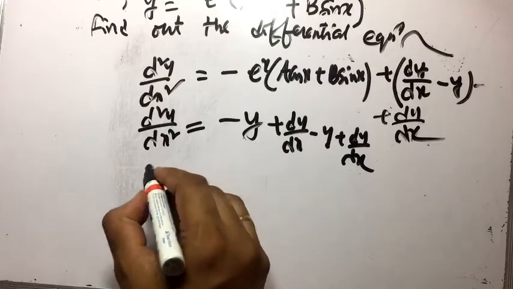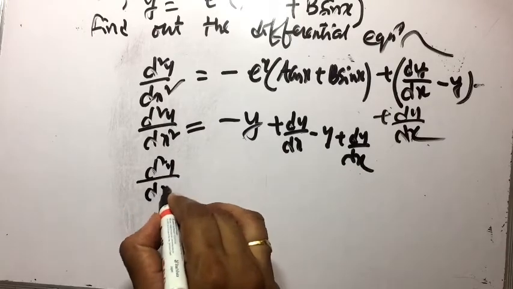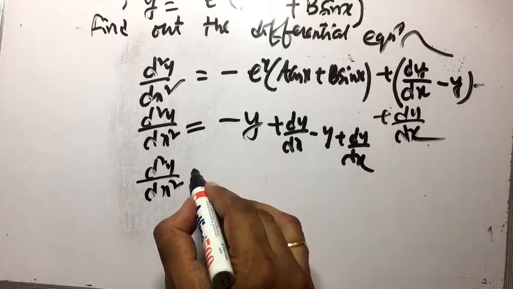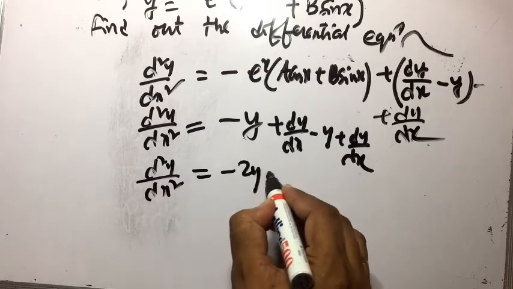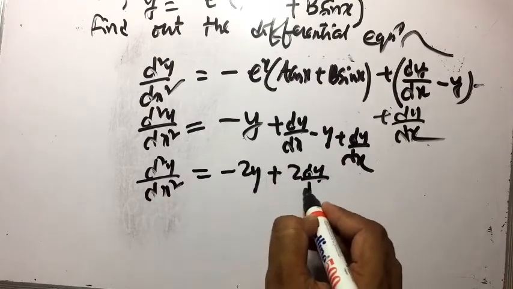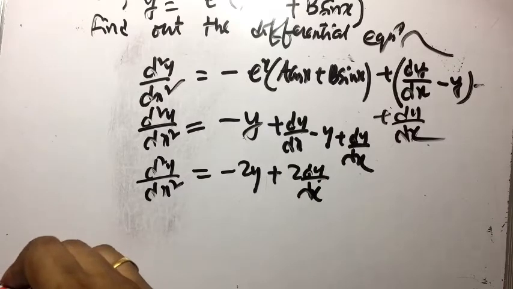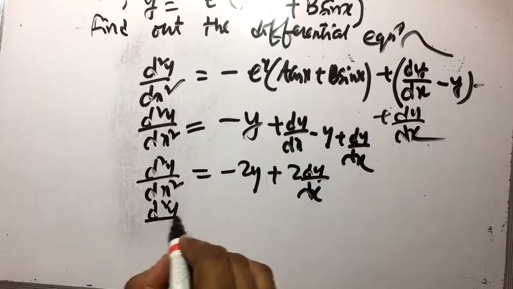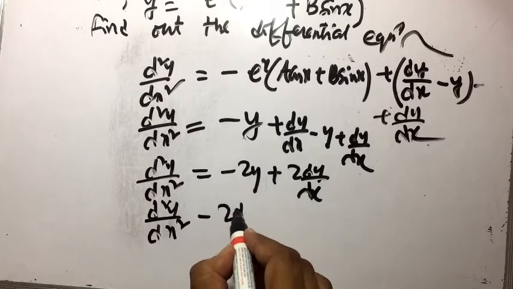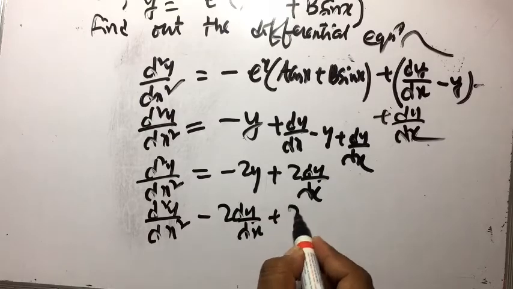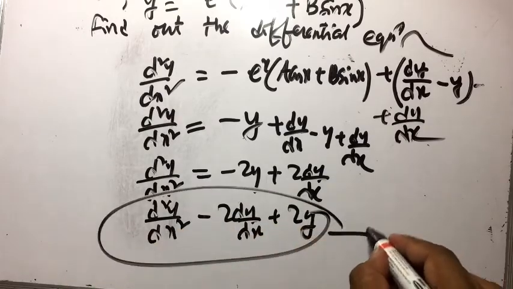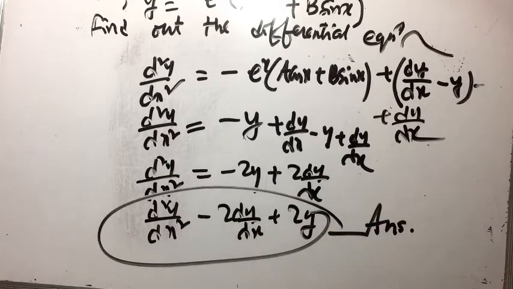Now we can say d square y by dx square minus 2y equal to minus 2y plus 2 dy by dx, meaning d square y by dx square minus 2 dy by dx plus 2y is the answer, and this is a very important question. In this way we can eliminate differential equation.